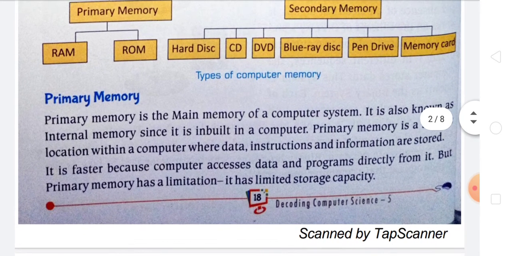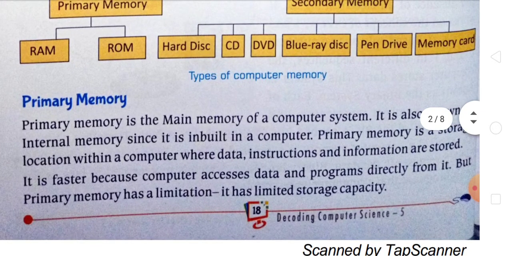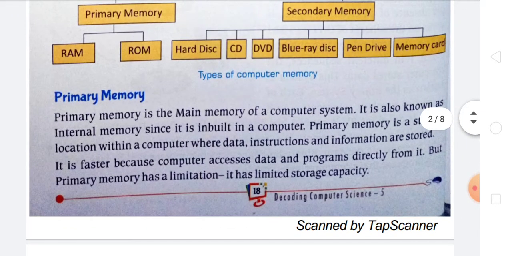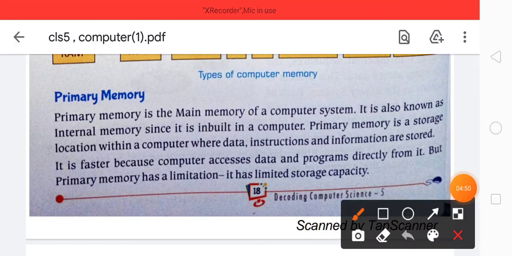So what is primary memory? Primary memory is the main memory of the computer system, and it is also known as internal memory since it is inbuilt in the computer. It is a storage location within a computer where data, instructions and information are stored.